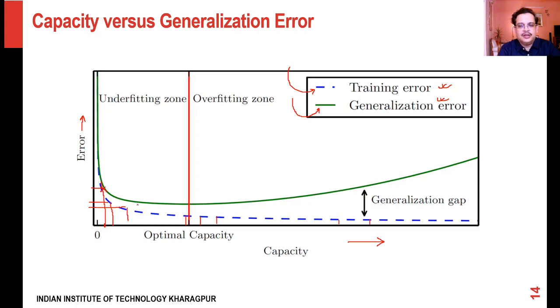And now the point is, where shall we stop? By using Occam's razor, we say that at these points the gain you get by increasing the capacity is not so significant, so we choose this as the optimal capacity of my model.